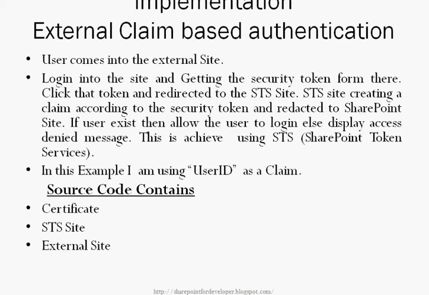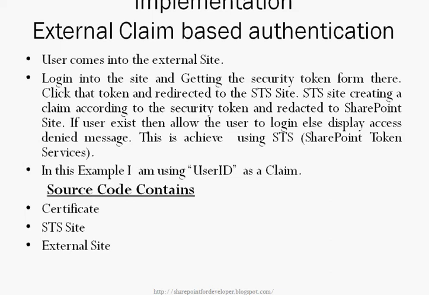So, the implementation. The scenario I'm going to implement is this: the user comes to the external site. This is the first step. They log into the site and get a security token from there, and through a click or redirecting mechanism it is redirected to the STS site, a single security token site, which I am going to host on my server where SharePoint is installed.